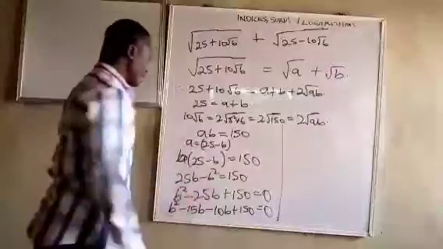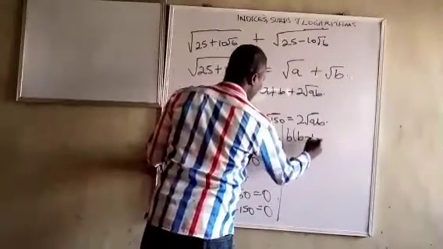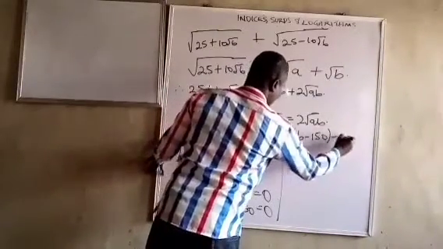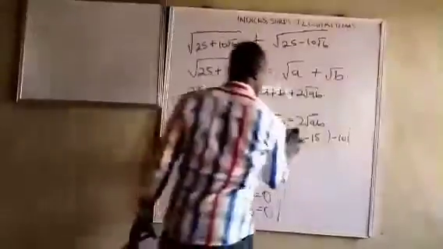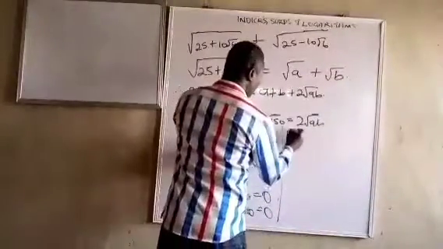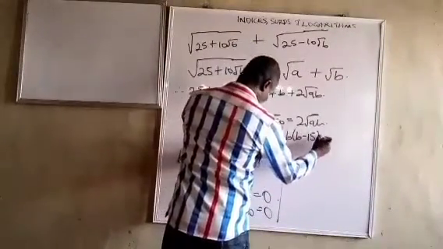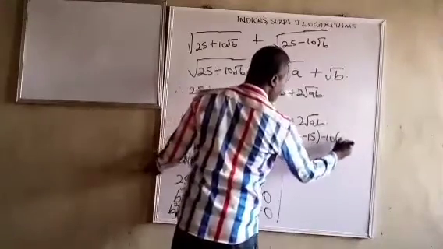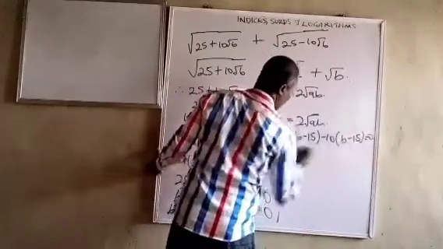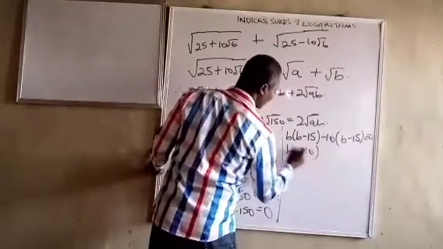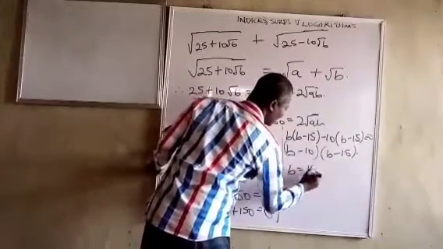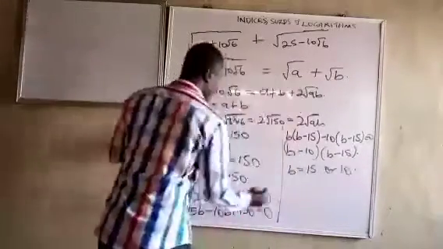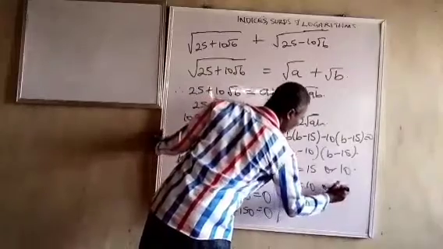So B into B minus 15, minus 10 into B minus 15 equals 0. So B minus 10 or B minus 15. So B equals 15 or 10. So A will also equal 10 or 15.